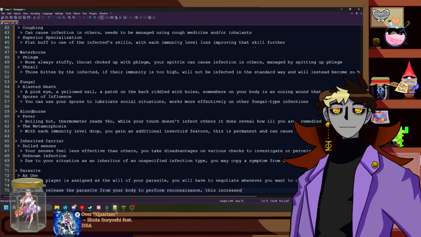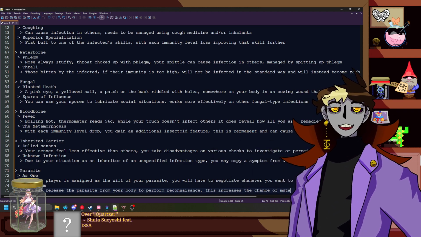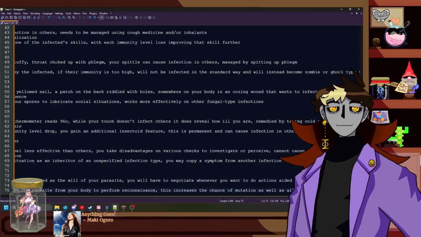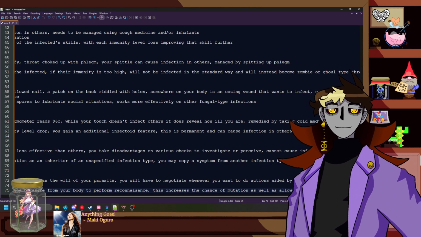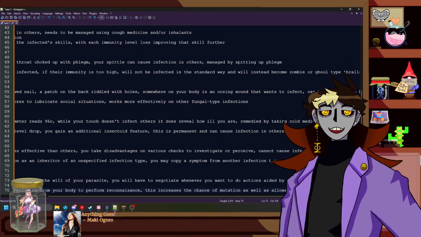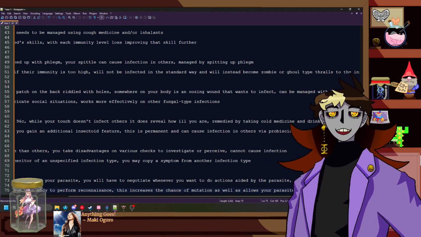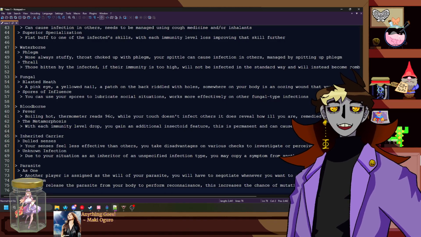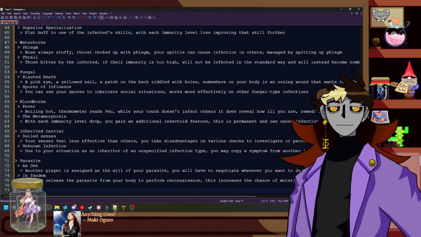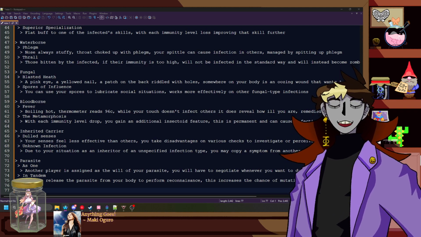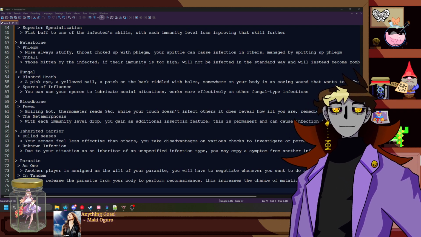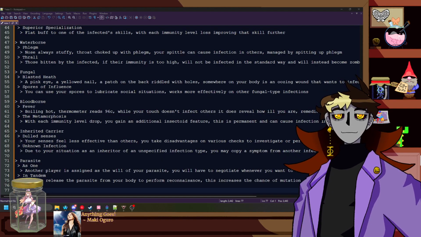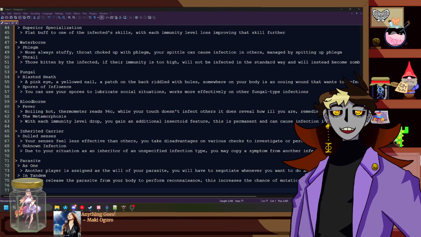This increases the chance of mutation as well as allows your parasite to do things you may not approve of. I think giving Parasite the potential to be the most annoying and dogshit subclass is genius, if only because, now stay with me, it creates friction and allows you to do more.